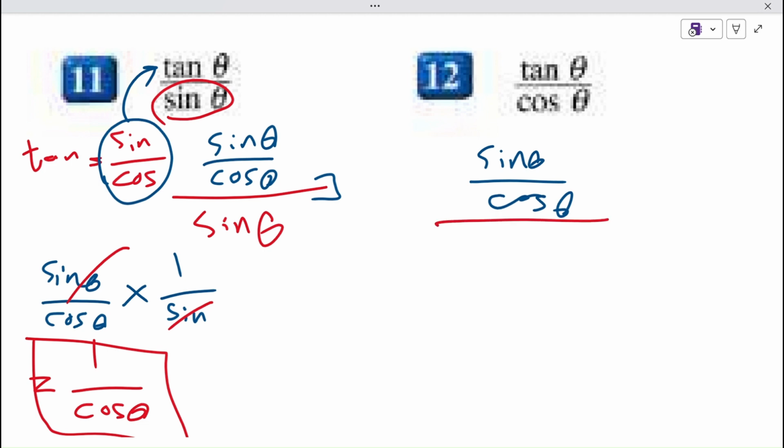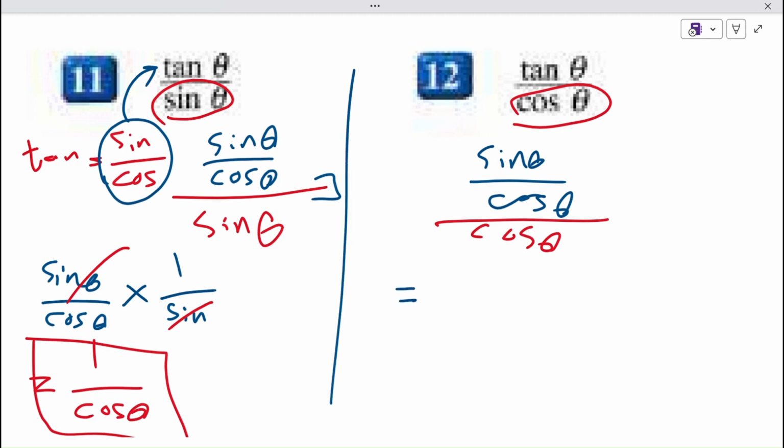Now we can write it like the previous example, just like a multiplication: sine theta over cosine theta multiplied by 1 over cosine theta.